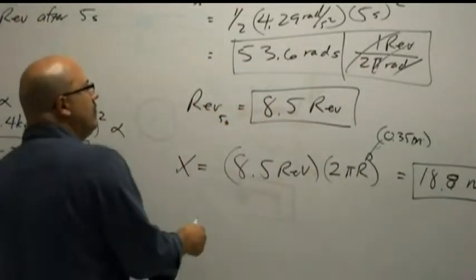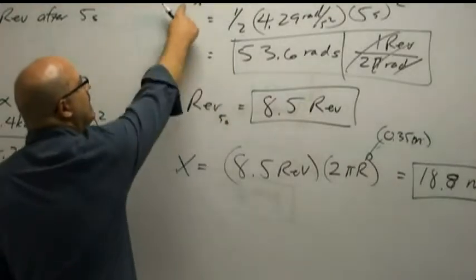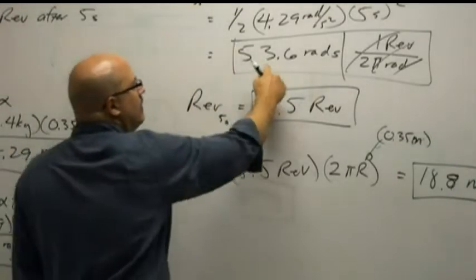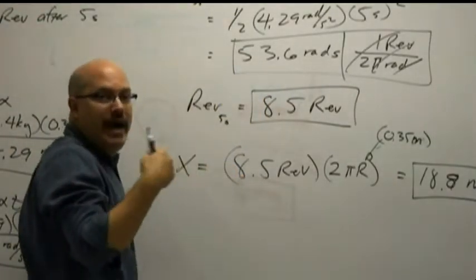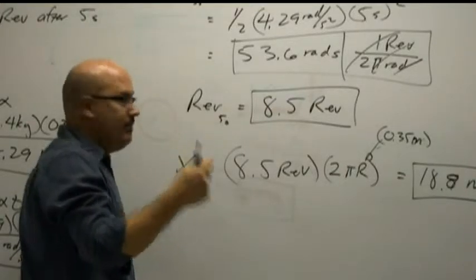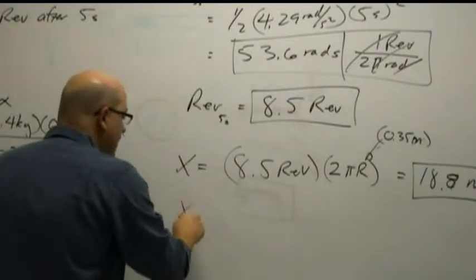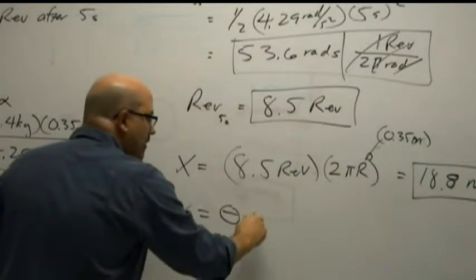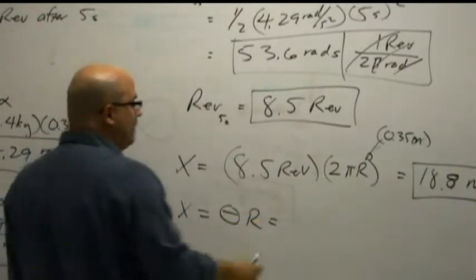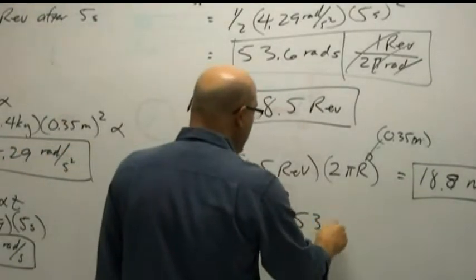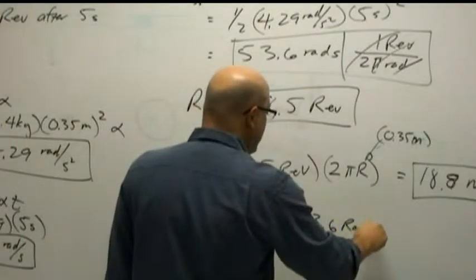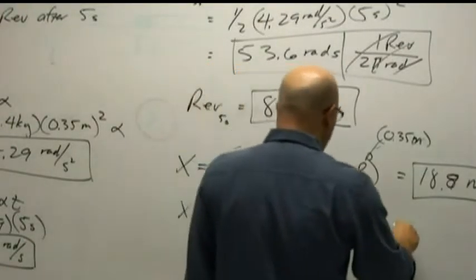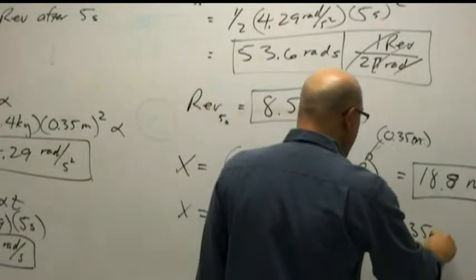There's another way to get this as well. The other way is to realize that I can relate theta to x. I could have just taken theta times r and would have gotten the same answer, which would have been 53.6 rads times the radius, 0.35 meters.